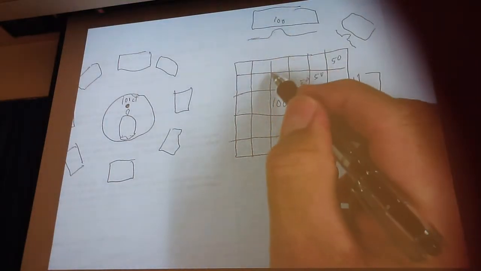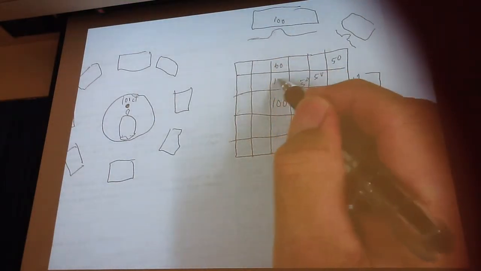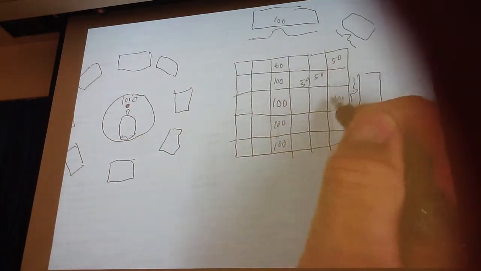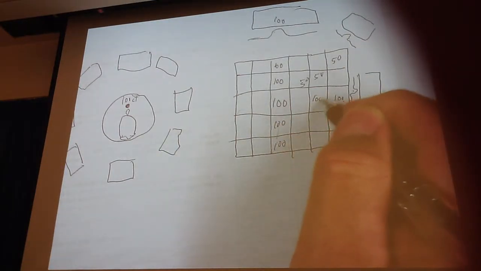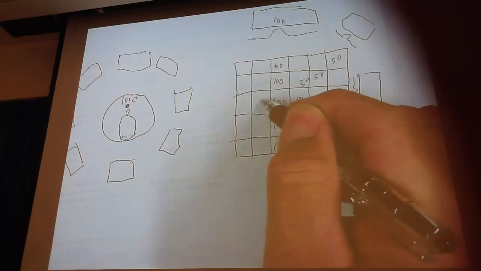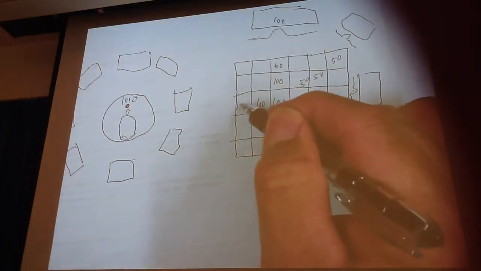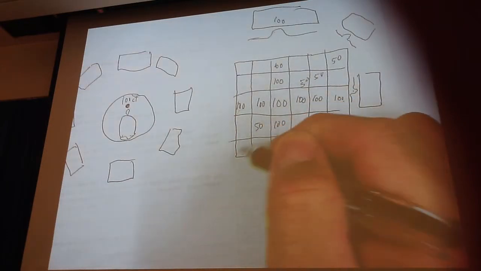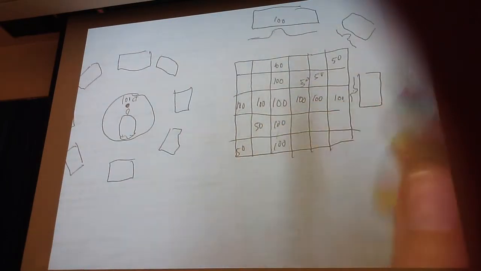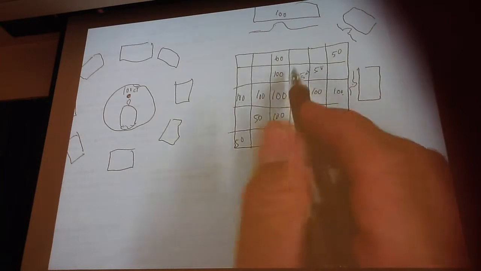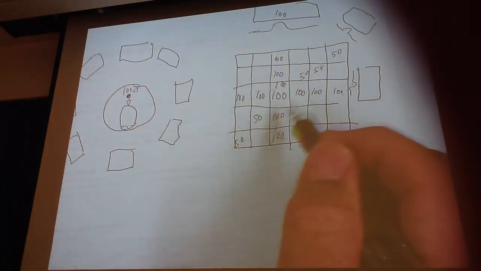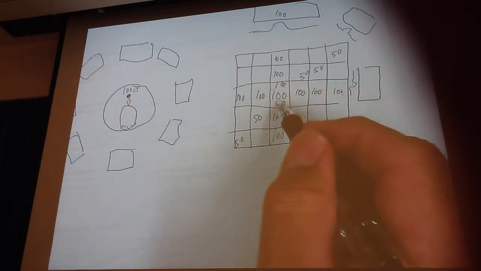So in this case I'm going to put 100, 100, 100, 100, and 100. Here I'm going to put 100, 100, 100, 100, and 100. Same thing here, 50, 50, 50, 50, 50. Now you notice that when I'm going 100 across like that, that puts 100 here and a 50 here in that one box.